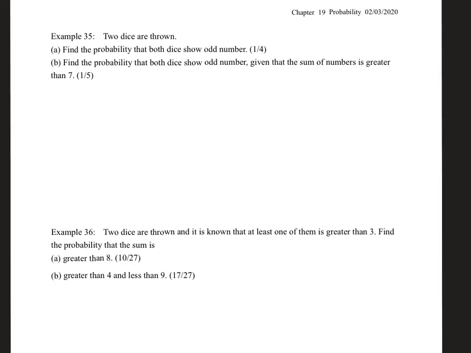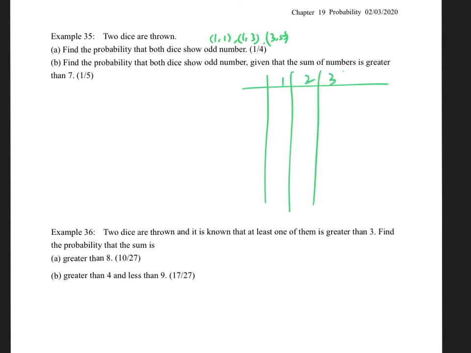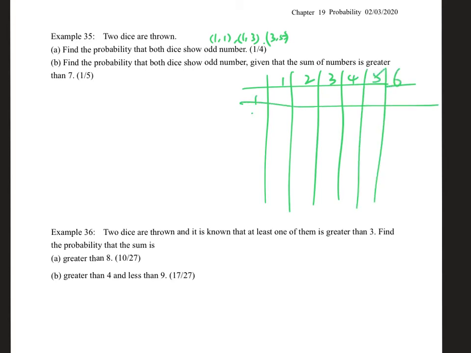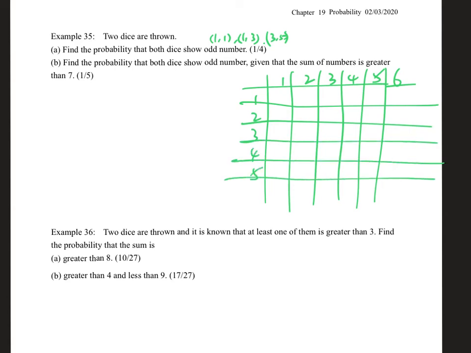So that means it may be like 1 1, 1 3, 3 5, etc. It's very dangerous to count in this way because it's very easy to miss certain pairs. So when you're throwing two dice, drawing a table is very, very useful in listing out the results and considering the question. That's my part A, and now you can take a look.